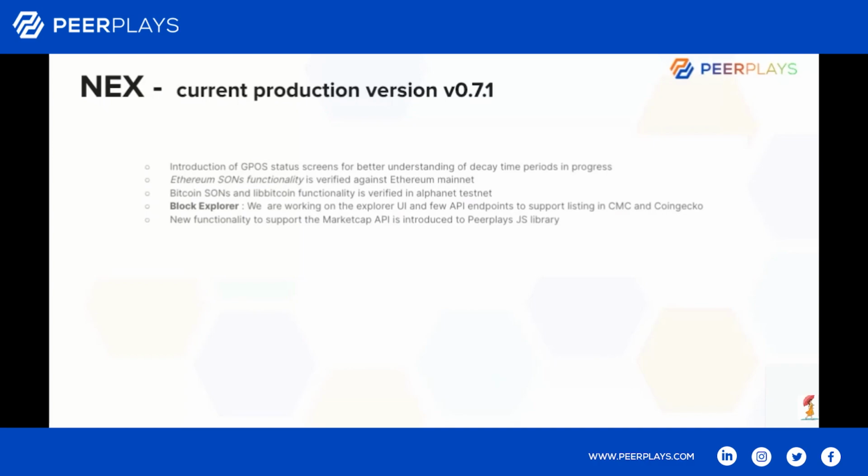Moving on to Nexus, we have been working on extending the Nexus functionality to support Explorer-like features. One of the new requirements for this was a few API calls, primarily to list out a rich list, which is a list of sorted account balances. This was not supported by the Peerplays JS library.